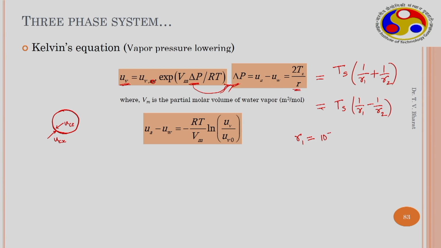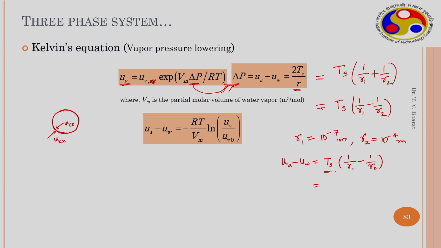For one particular case, when R1 is 10 power minus 7 meters and R2 is 10 power minus 4 meters, you can estimate the pressure drop, that is Ts times 1 by R1 minus 1 by R2 using toroidal approximation.